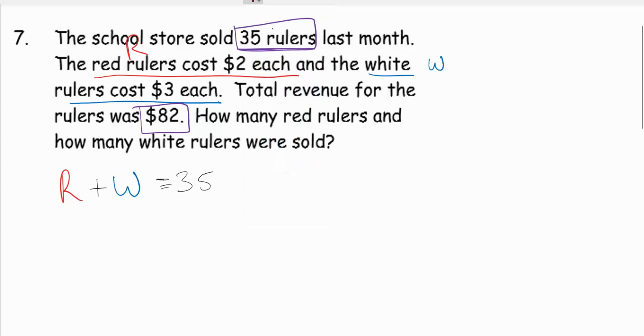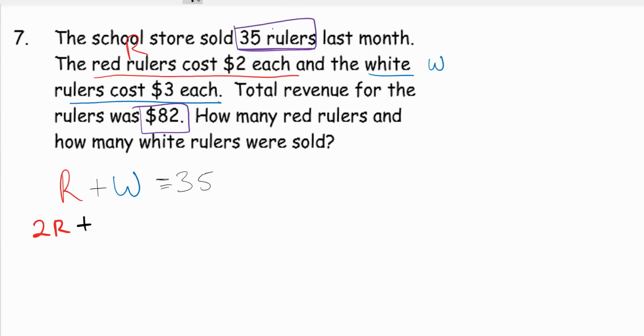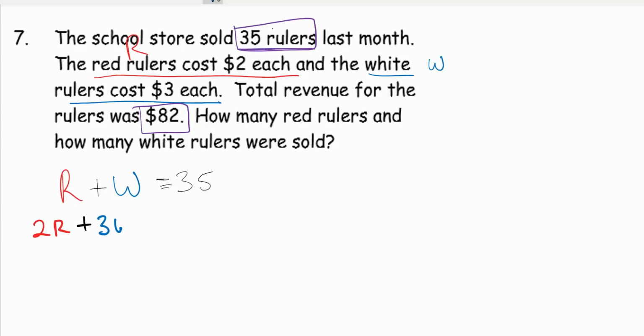The red ruler was $2, so that's 2R plus, how much was the white ruler? The white ruler was $3, so that's 3W. And what did we sell them for? We sold them for $82. So that's our second equation.